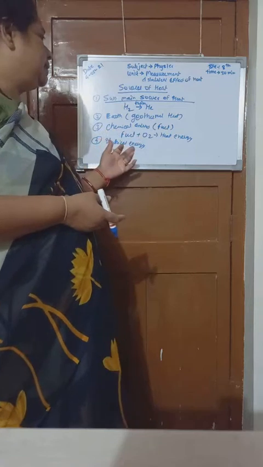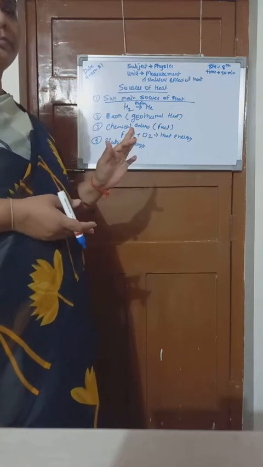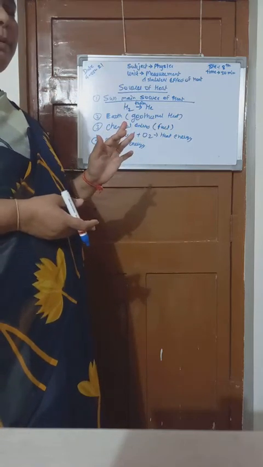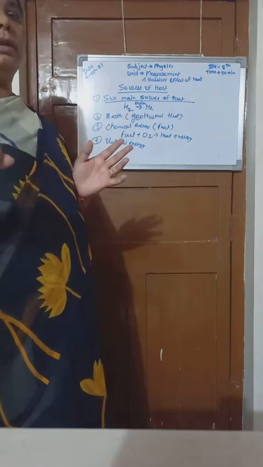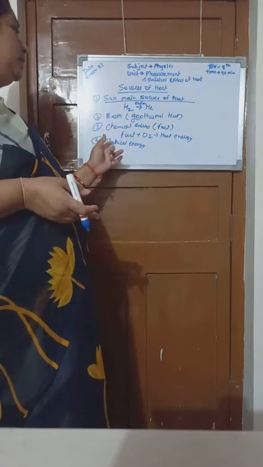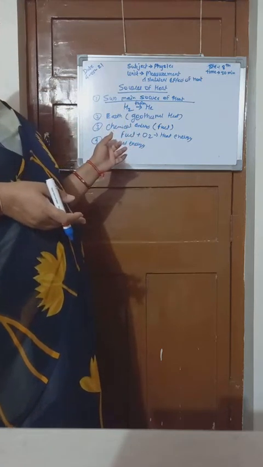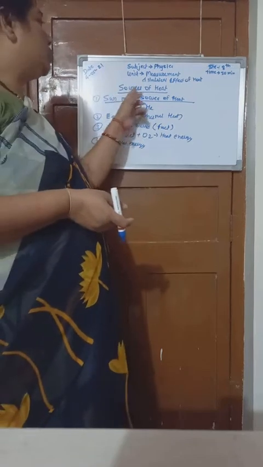That is, electrical energy can be converted into heat. For example, in an iron press and in an electric heater, electrical energy is converted into heat energy. Therefore, it is also a source of heat. Okay, got it up to this?